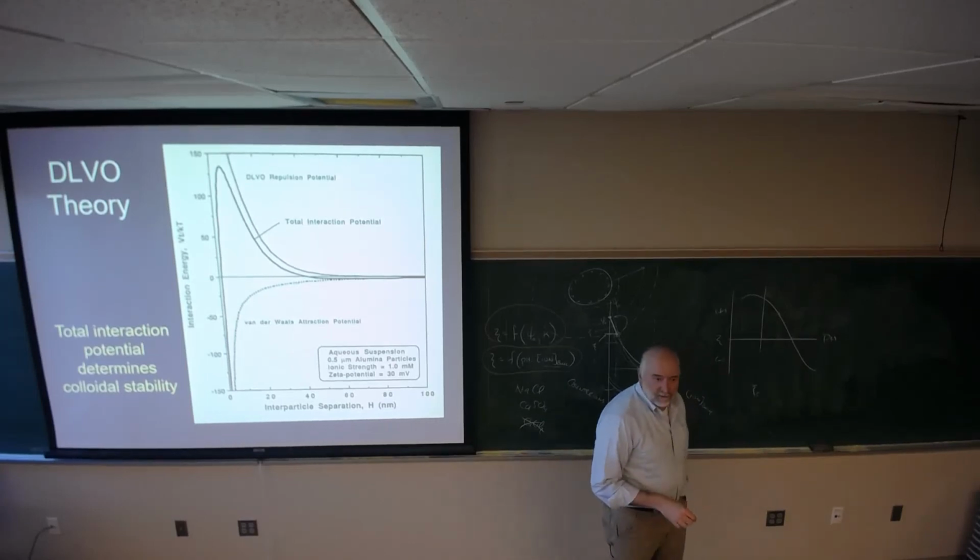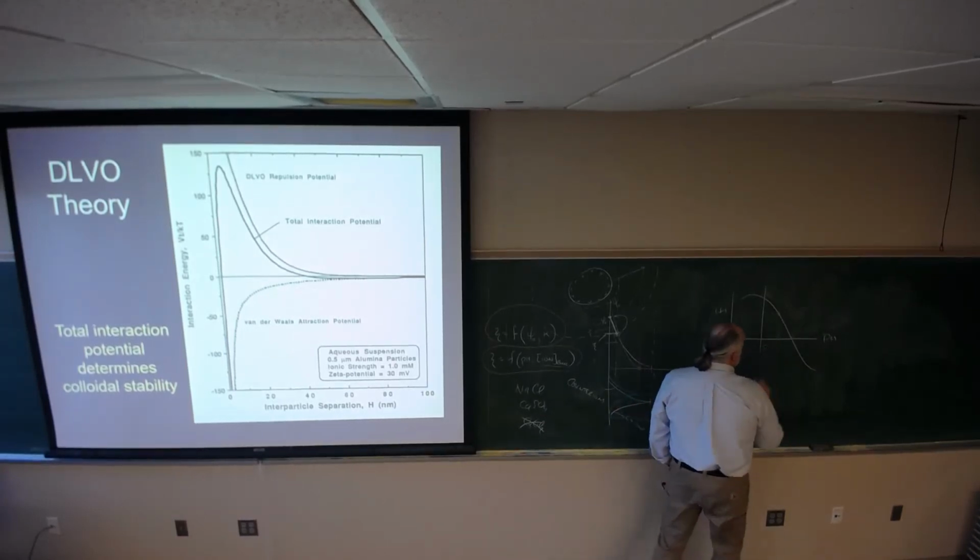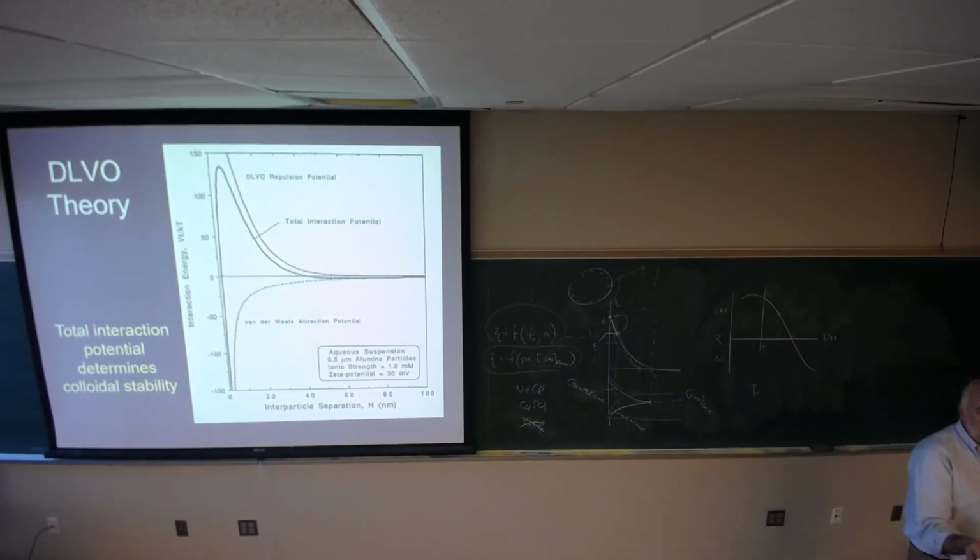What value would I like that to be? Okay, 5. Good. I'm at pH 5, and I increase the concentration of ions. What happens to zeta potential? What happens when I increase the concentration of ions? I compress the double layer.